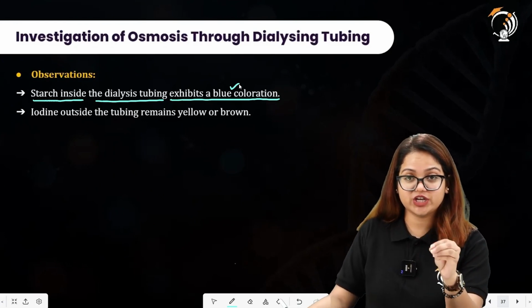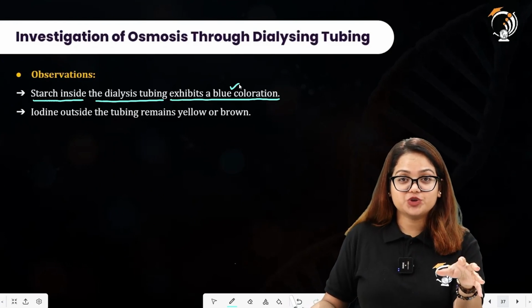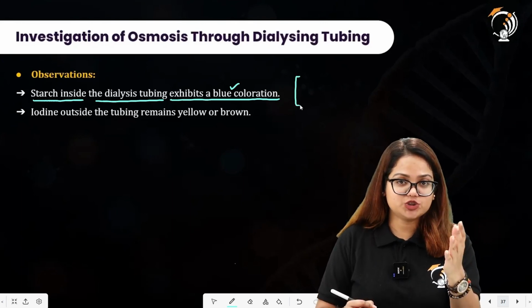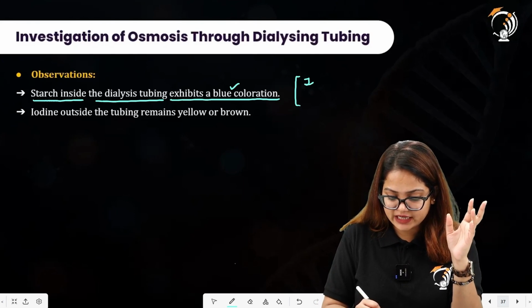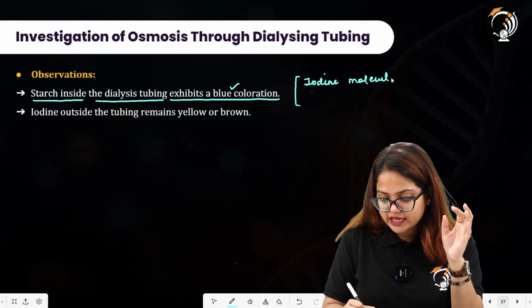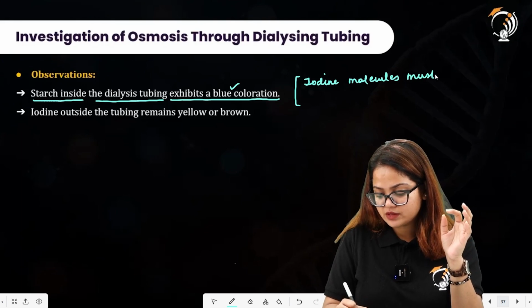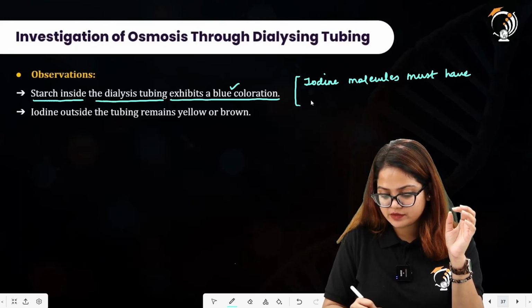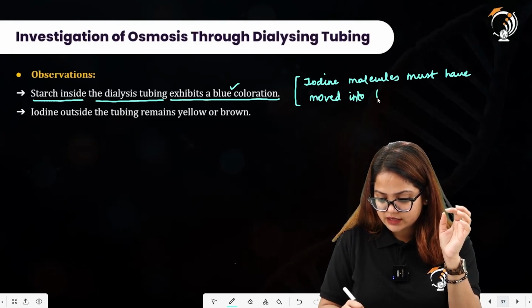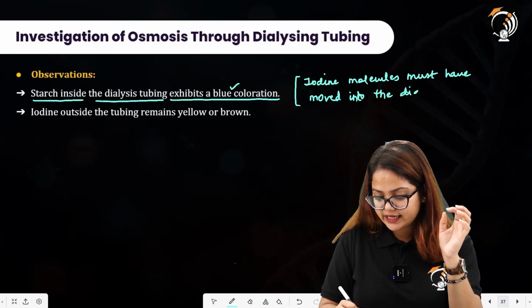That there is a change of color in the dialysing tube. How could this happen? So basically what we can assume from this statement is that iodine molecules must have moved into the dialysing tubing.